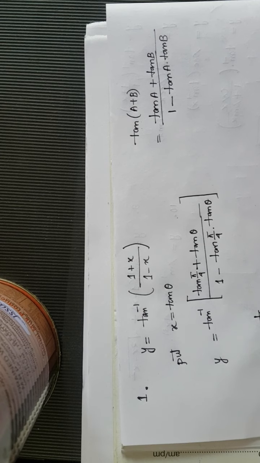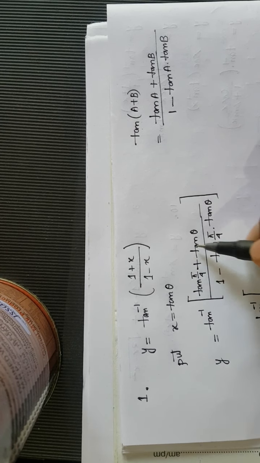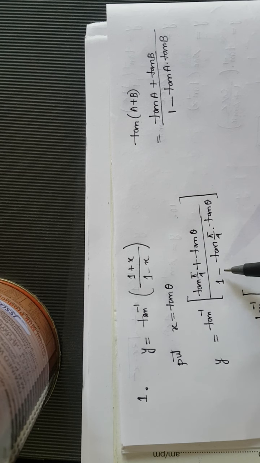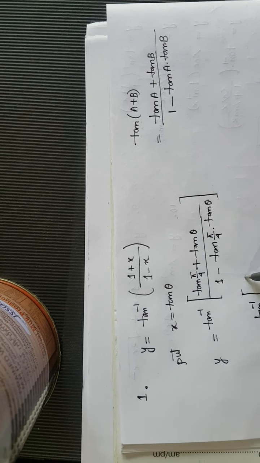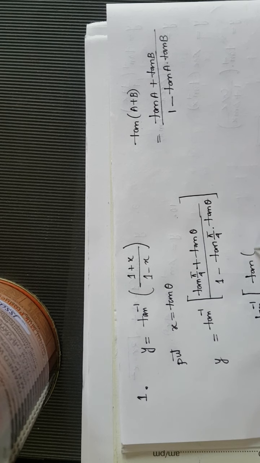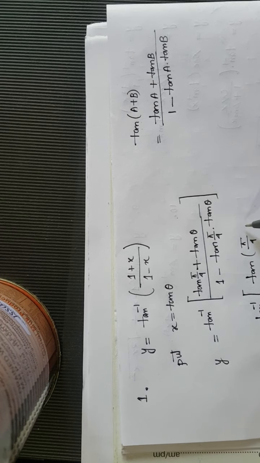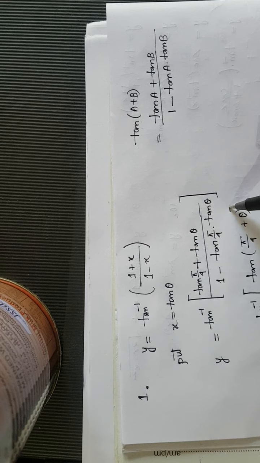This is tan inverse of tan A plus tan B divided by 1 minus tan A tan B. This is tan A plus B. So pi by 4 plus theta.